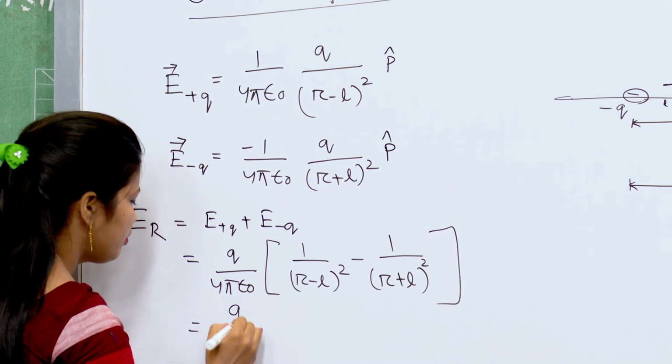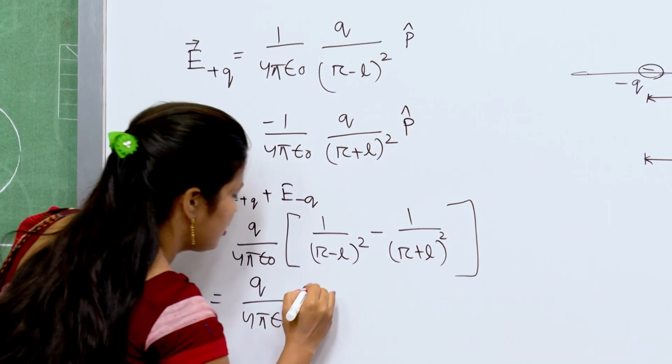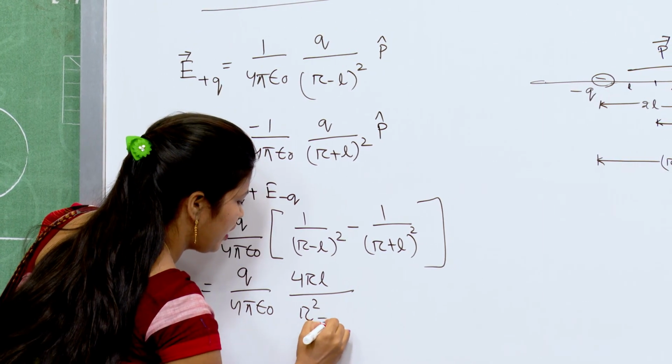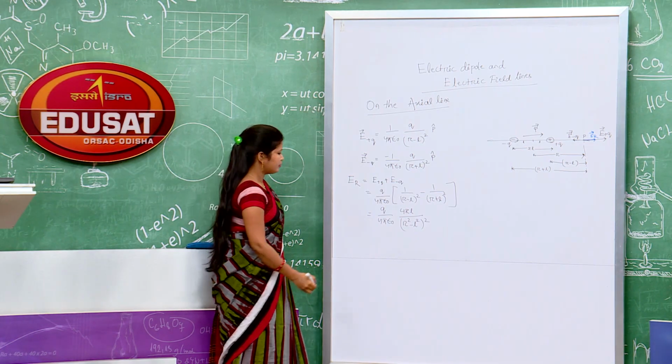So, on solving we will get q upon 4 pi epsilon naught 4 r L upon r square minus L square whole square.